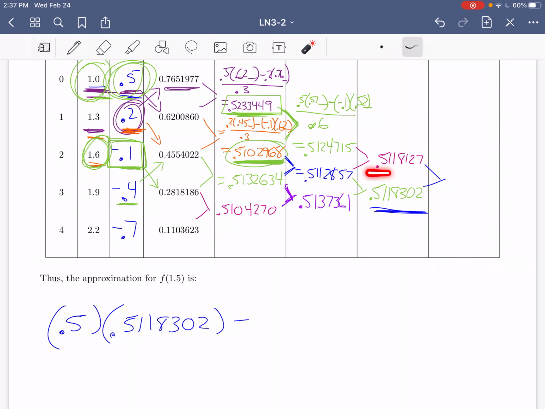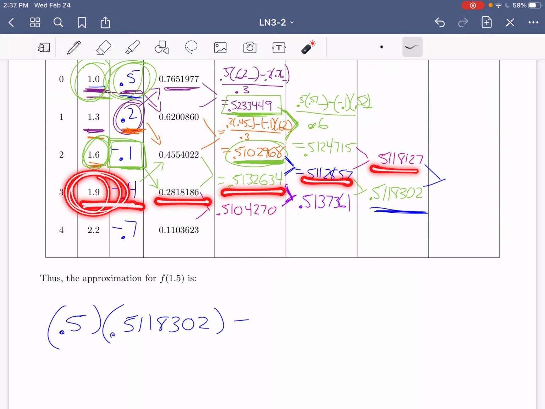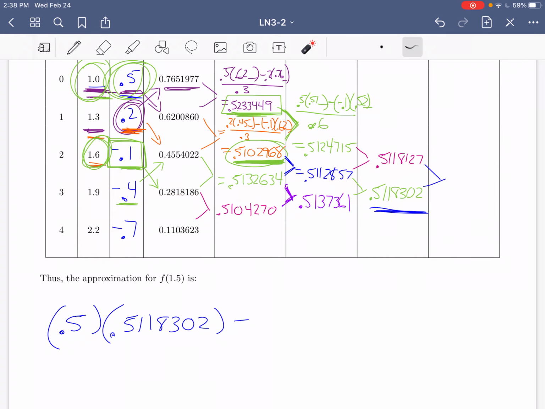What did it make use of? Well, tracing this back, it made use of everything. Oh, hold on. I have to trace it back well. So to there, to there. That green one makes use of this. So it made use of down to the 1.9, but it did not make use of that 2.2. And so we will have negative 0.7 minus a negative 0.7 times the 0.5118127.